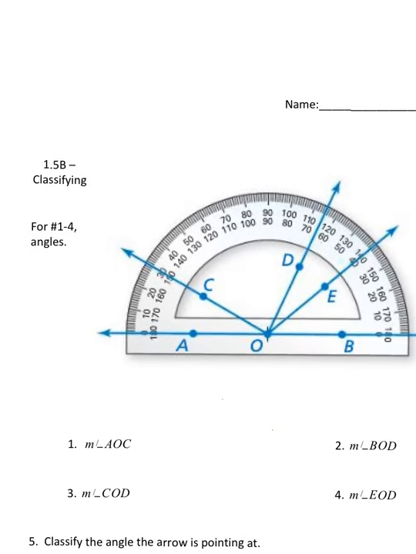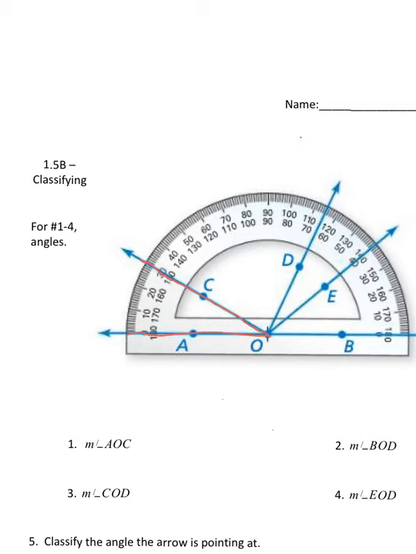If I look here, AOC is this particular angle right here. I'm going to draw this in red so you can see which angle we're talking about. Does everyone see that AOC is that angle? Okay. So they want us to find the actual measure of that angle.